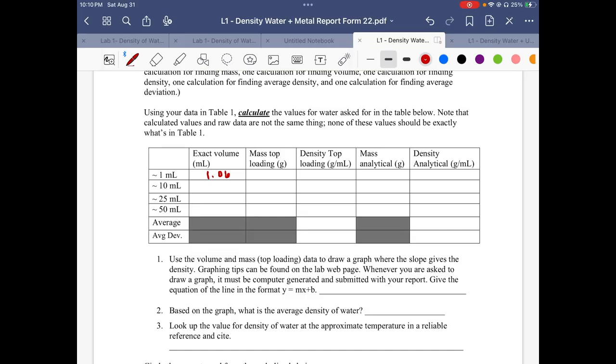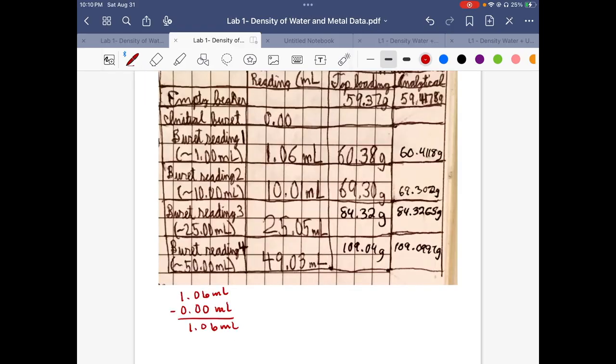Now when we talk about the mass on the top loading balance, we're going to go back here and notice that we have an empty beaker for both top loading and analytical. So in order to deal with those, I've got to take 60.38, which is the mass of the beaker plus 1 mil, minus the mass of the empty beaker, 59.37.